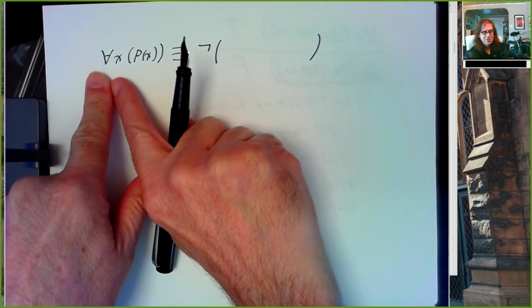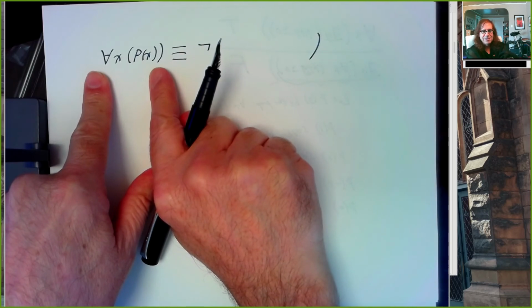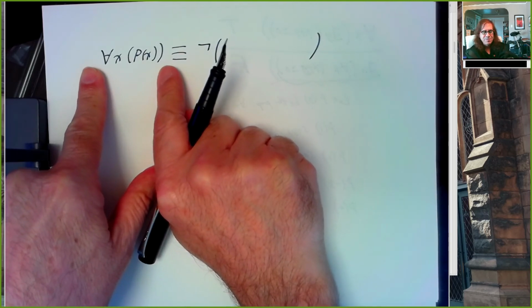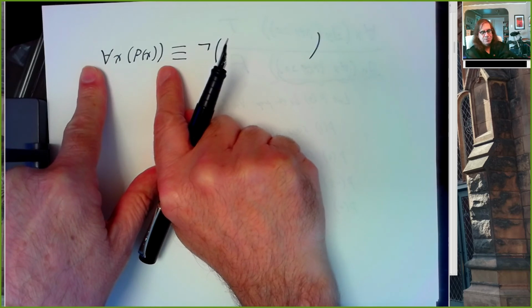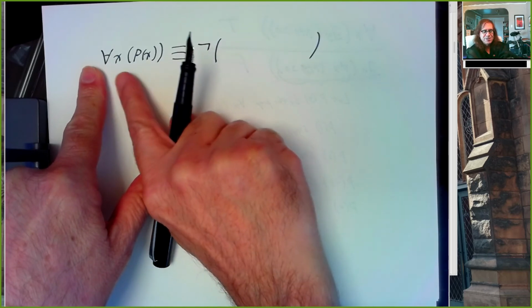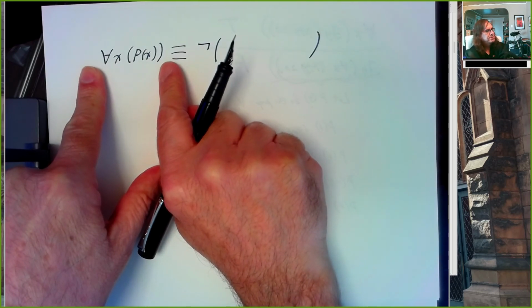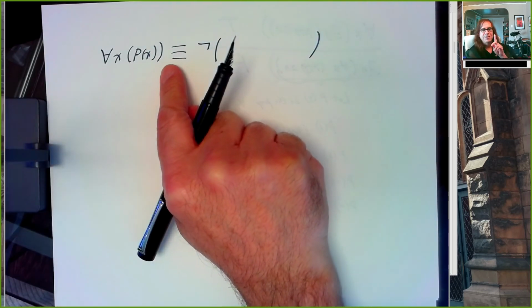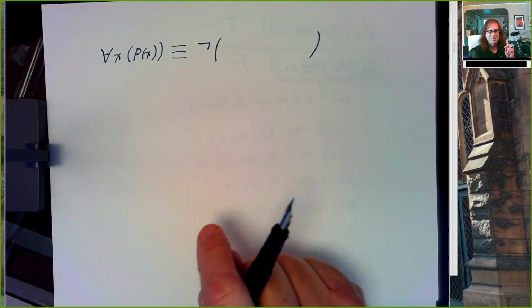So this says, for all politicians x is honest, right? Well, if that's not the case, we don't necessarily know that all politicians are dishonest, but what do we know? That some of them aren't honest. Yeah, we know that there's at least one politician that's dishonest.